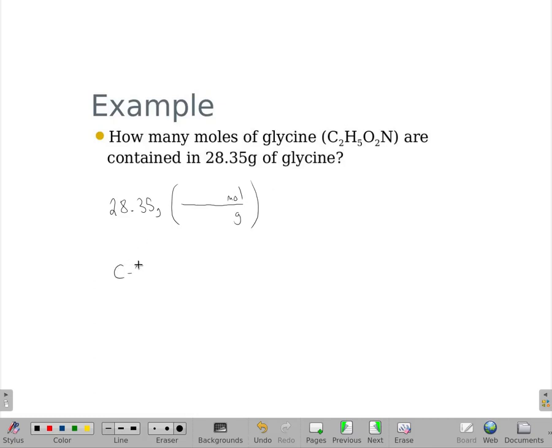So we have 2 carbons, 5 hydrogens, 2 oxygens, and 1 nitrogen. That's 12.01, 1.008, 16, and 14.01.